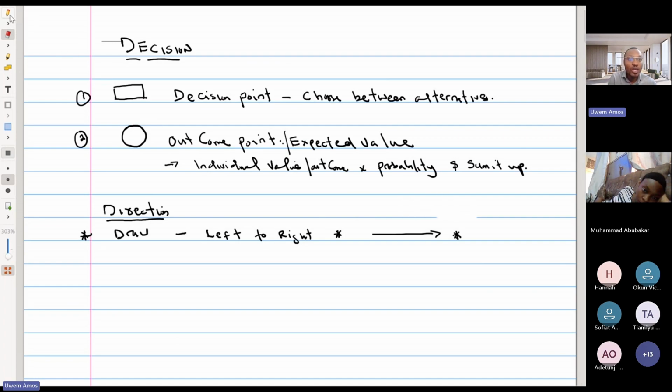However, when it comes to evaluating the tree, okay? So when it comes to evaluating the tree, we adopt a different approach.